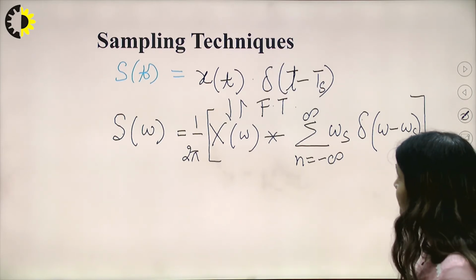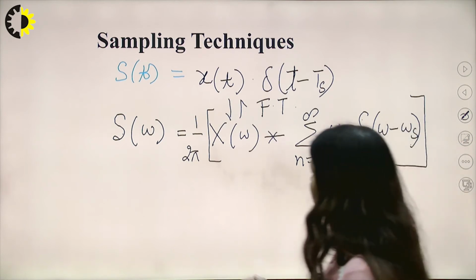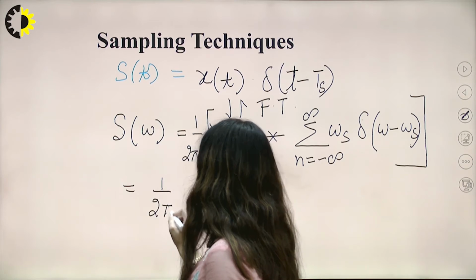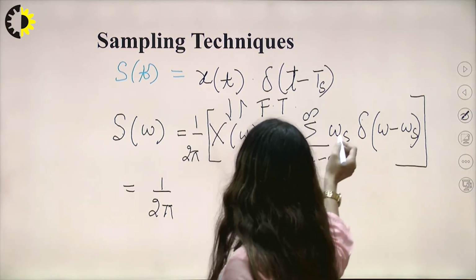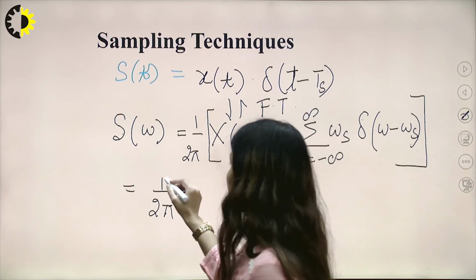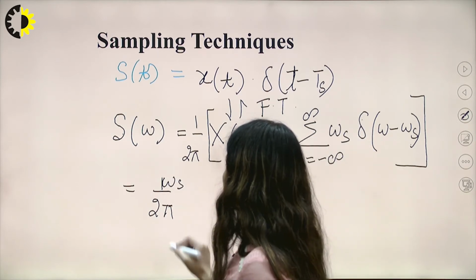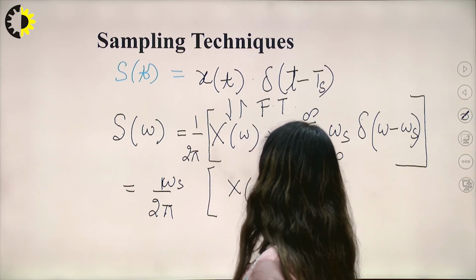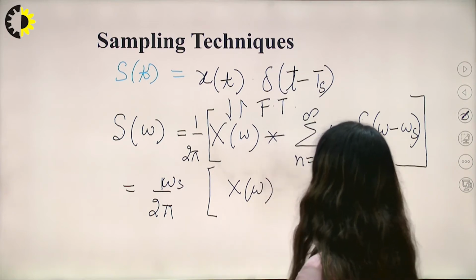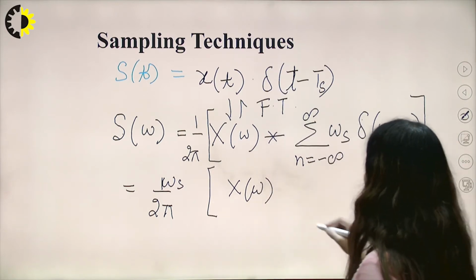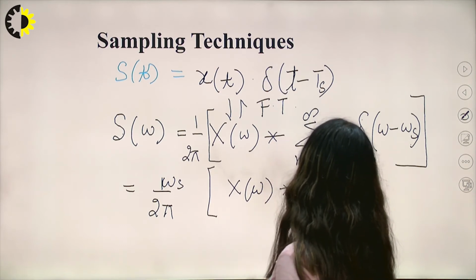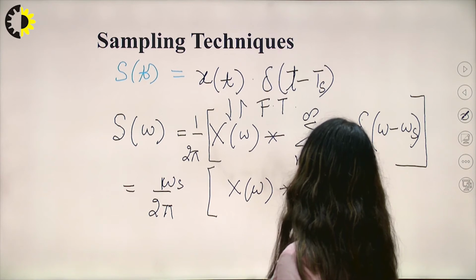So let us solve it to an extent. We will get S(omega) as 1 upon 2 pi, and take this omega s to be common. So here I can write omega s, and in this I will have X(omega), and here this is the convolution of the summation n equal to minus infinity to plus infinity.